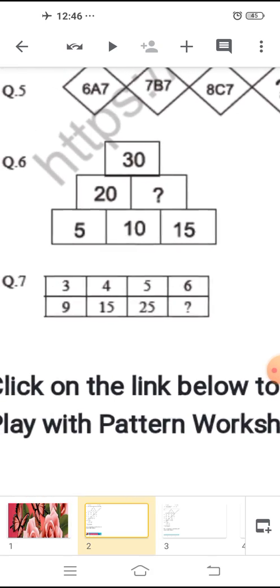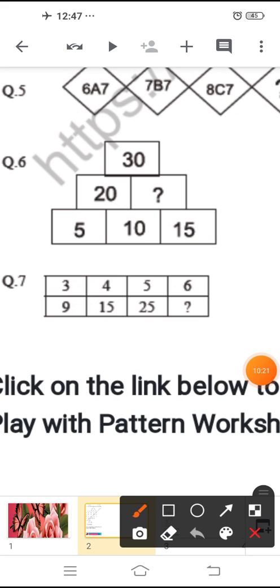Question number 7. Question number 7 is, they have given you two square forms. Okay, in that they have taken some numbers like 3, 4, 5, 6, and how have they taken those numbers? They have taken them in increasing form.